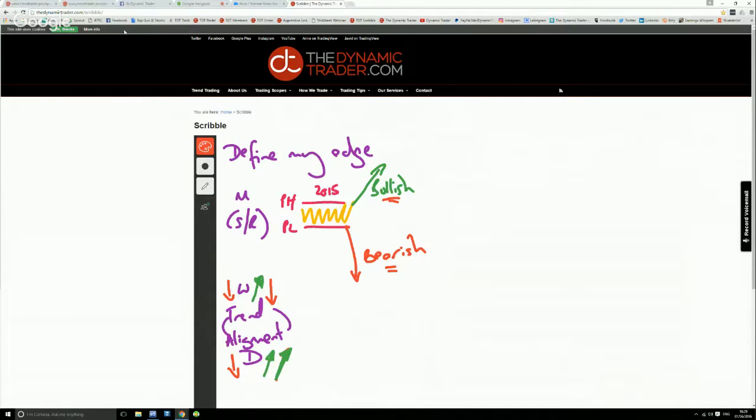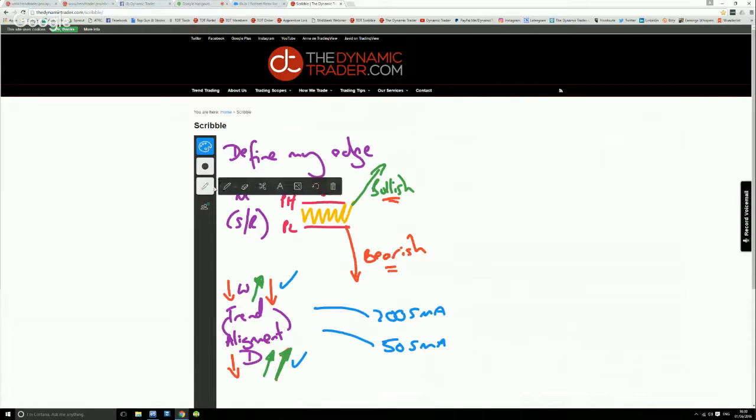Now, as already mentioned, on the weekly and the daily time frame, I use the 200 moving average and the 50 simple moving average. I use this both on the weekly and the daily time frame.